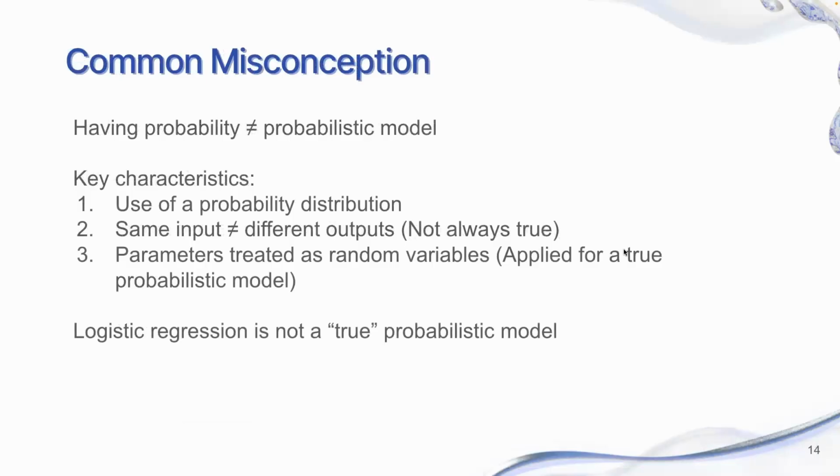So here's a very common misconception. Having probability in your model doesn't mean your model is probabilistic. The key characteristic of a probabilistic model is that it maintains some sort of probability distribution and uses it.